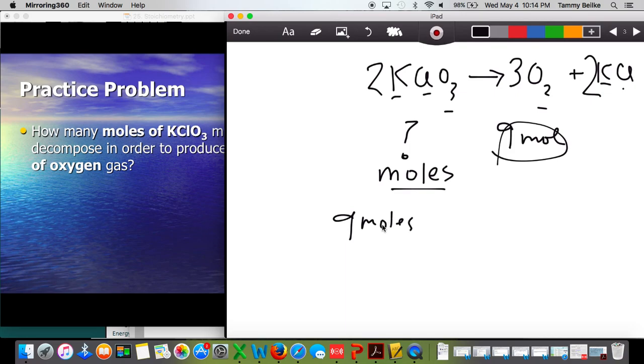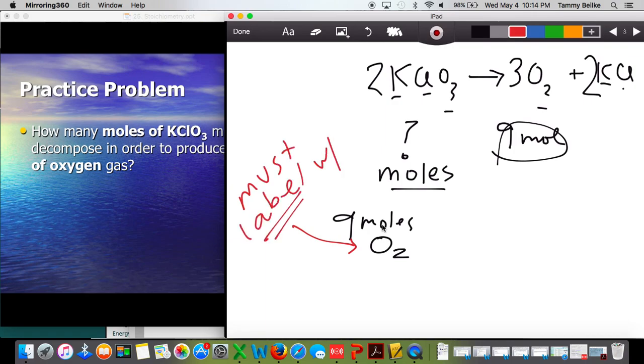And I'm going to be very careful about how I write things out. I don't like cutting corners on stoichiometry. I cannot just write 9 moles. I have to say 9 moles of oxygen. I must label with compound or formula.